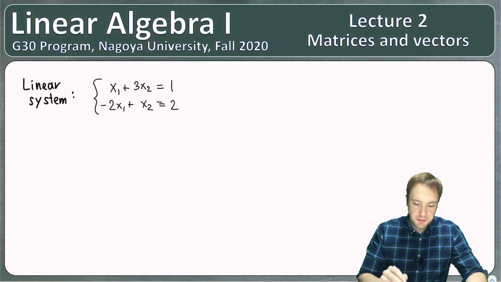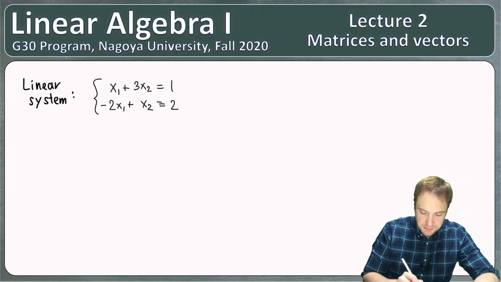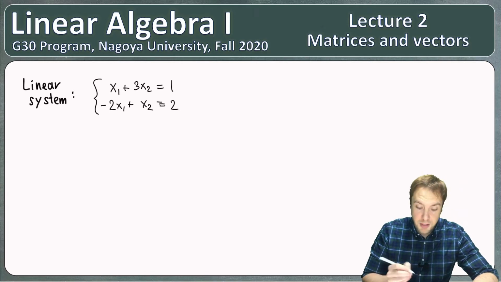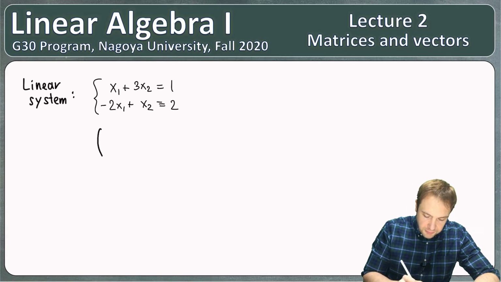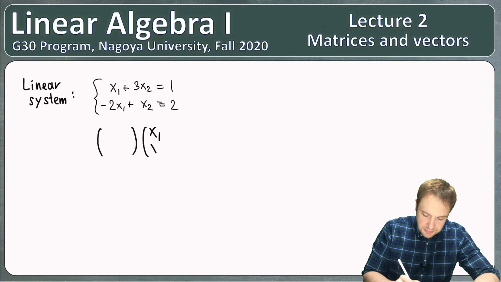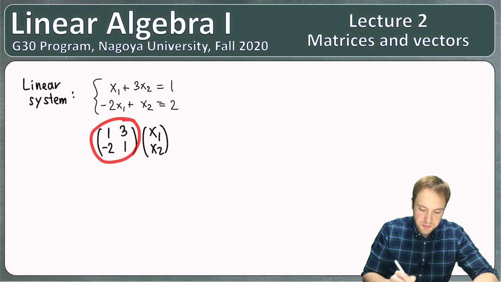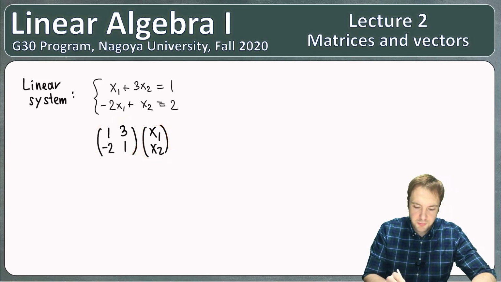And in this example here, for example, we can write the left-hand side of this linear system as a product of a matrix with a vector. So for example here, we will see that we can write this like this. So this here is a 2 by 2 matrix, and we have a vector here of size 2.